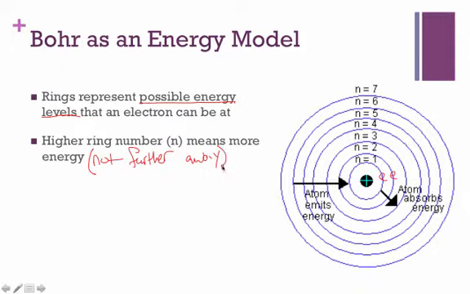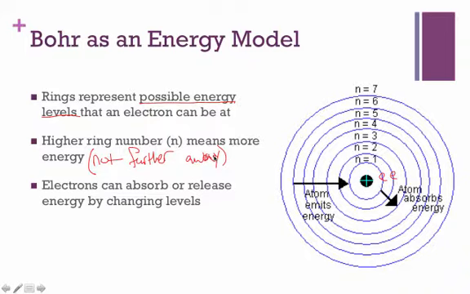And as we've talked about in the previous thing, electrons can absorb and release energy, and that results in electrons changing from one level to the next. So absorbing energy would cause our electrons to go out, and then releasing energy would cause our electrons ultimately to fall back down again.